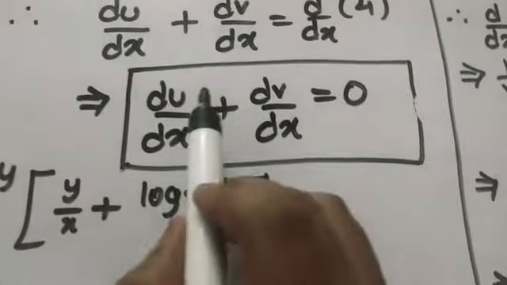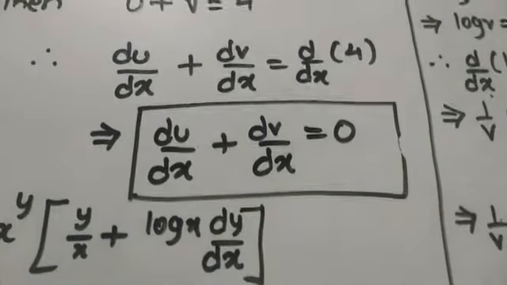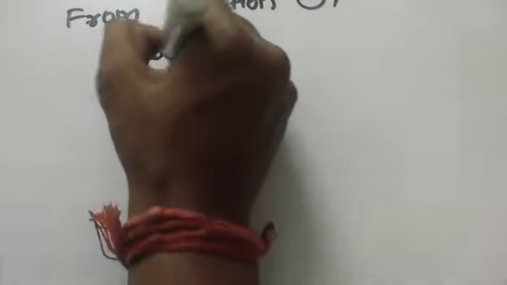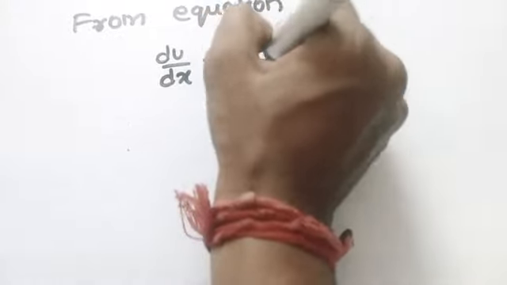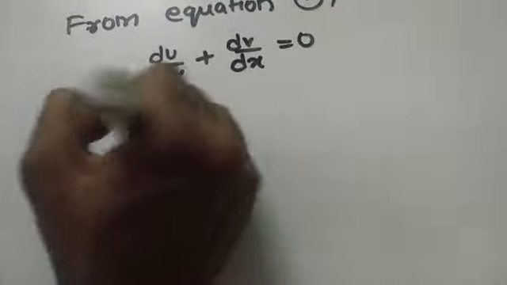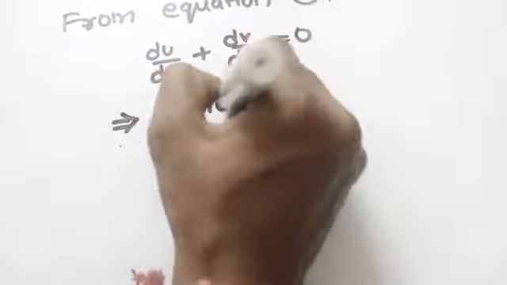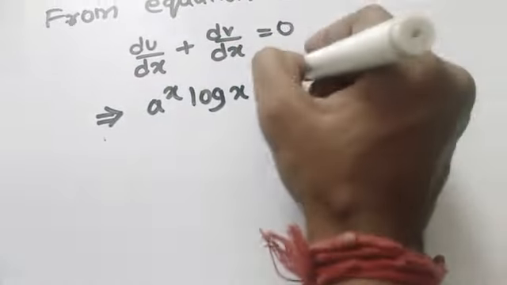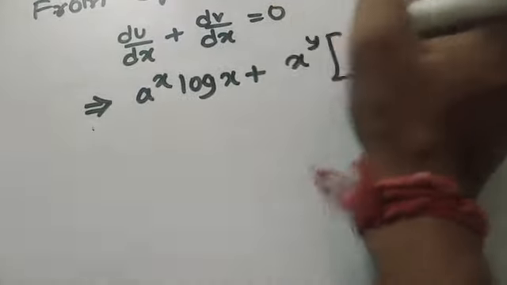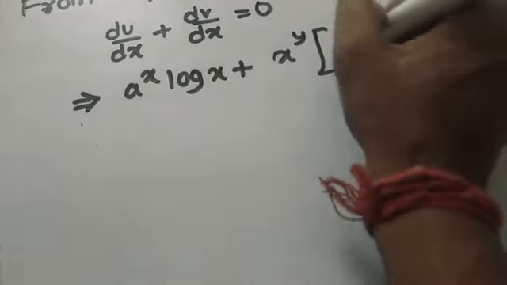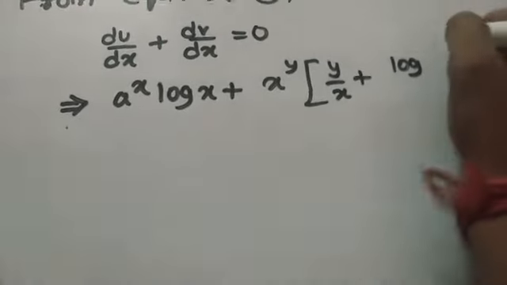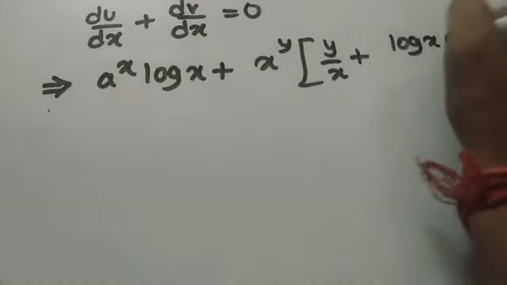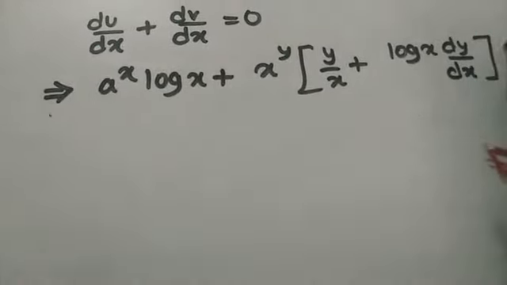Now we'll put the two values in this expression. So from equation number 1, du by dx plus dv by dx equals to 0. Now putting the value of du by dx is a to the power x log of a, and dv by dx value is x to the power y into y by x plus log x dy by dx equals to 0.